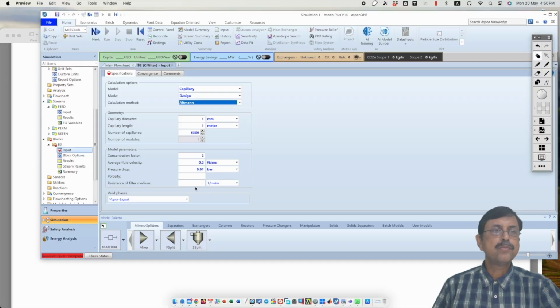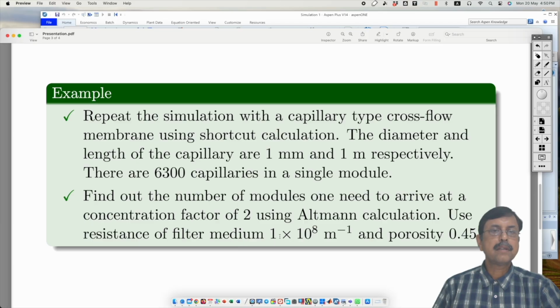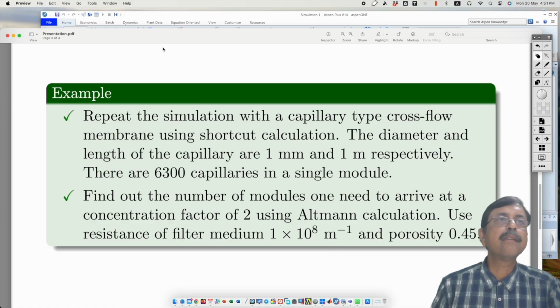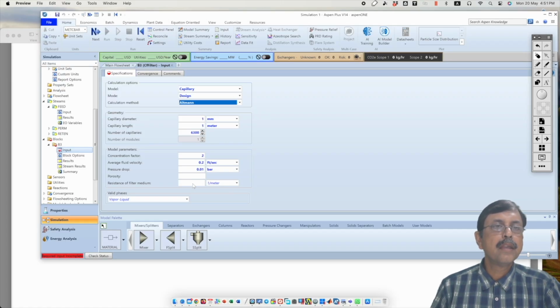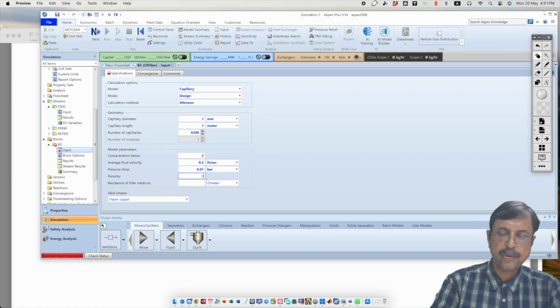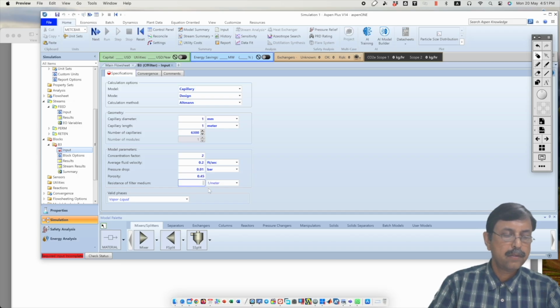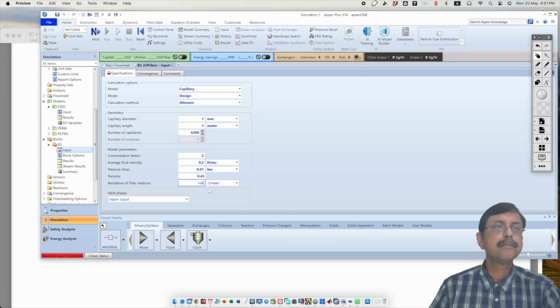Concentration factor is 2 as it is. Porosity and resistance of filter media have to be given, which are 0.45 and 10 to the power 8 meter inverse respectively. So it is 0.45 and 1E8 and run.